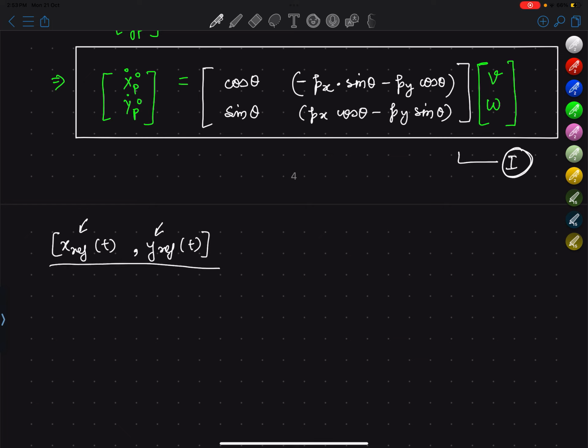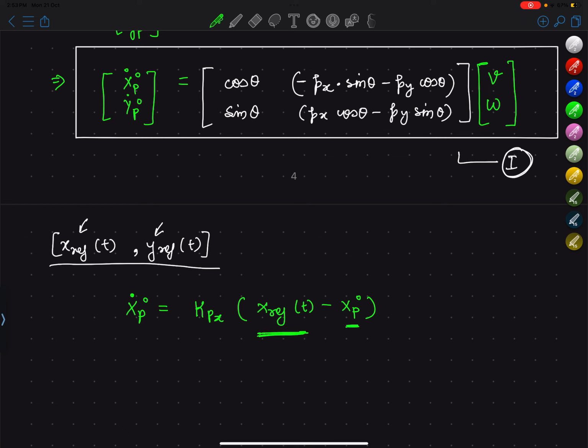All right, so how do we write the proportional controller? xp naught dot should be equal to some kpx times xref(t) minus xp naught. So basically this is the real position of point P, and this is the position that we want it to be.